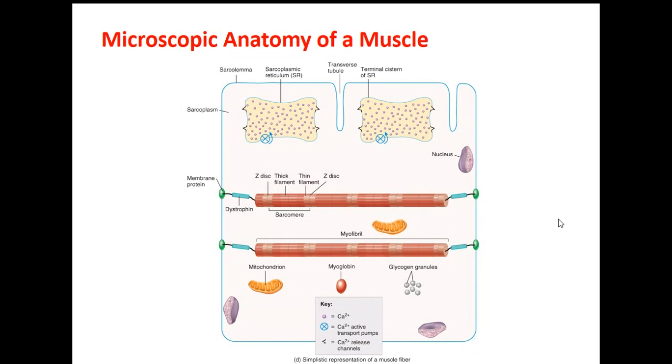And there we see the T tubules, transverse tubules, these tunnels. They're just continuations of the sarcolemma that go deep into the cell. And they come right next to those cisterns of the sarcoplasmic reticulum, and those dots in there are all calcium ions. They're stored in that sarcoplasmic reticulum.